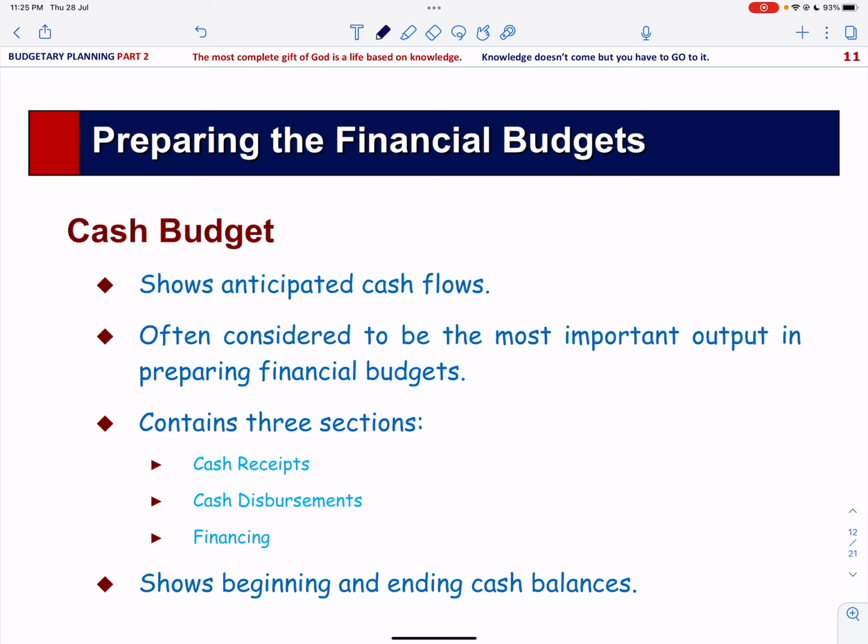Accurate cash flow projections help the business achieve its targets in the right way. As stated in the first video, financial budgets consist of capital expenditure budget, cash budget, and budgeted balance sheet. However, in this video, we will talk about cash budget and budgeted balance sheet only.